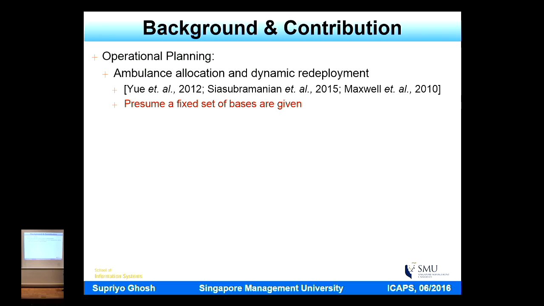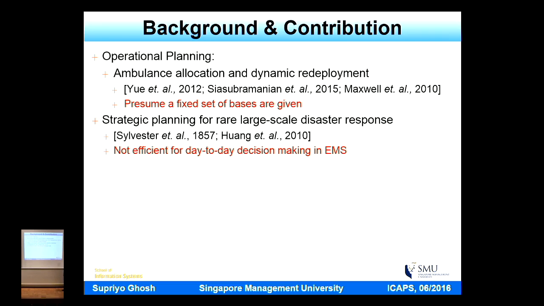So we go one step back and find the optimal location of the bases along with the allocation of ambulances to those bases. The other thread of research is strategic planning in large-scale disaster response. But these solutions are not applicable to EMS because the demand in EMS changes over time every day.